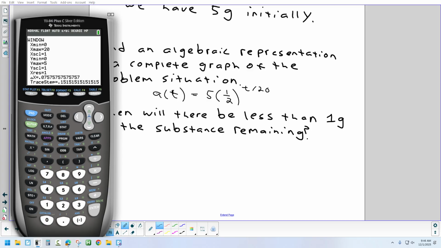So that's good. It's definitely going to take more than 20 days, because I just asked how much you would have after 20 days: 2.5. So let's go out to 80 days, which would mean it cuts itself in half 4 times. Let's see if that gets us under 1. So you've got to get below here. Yeah, we're good.